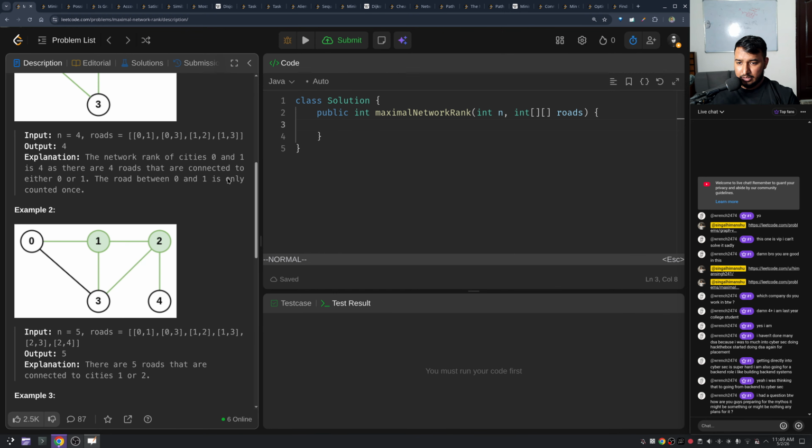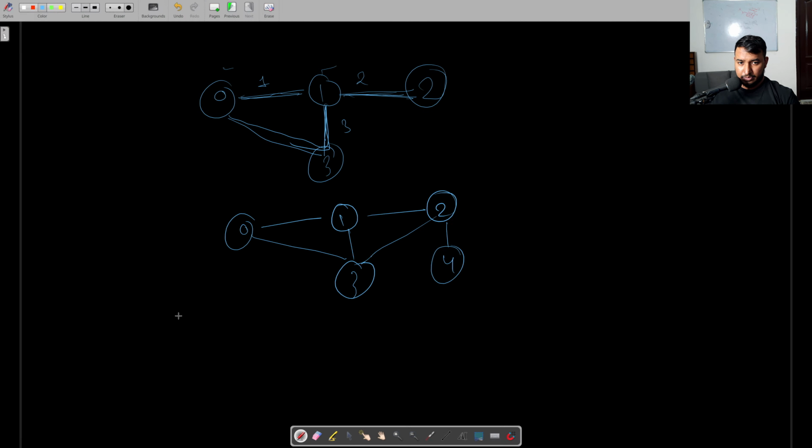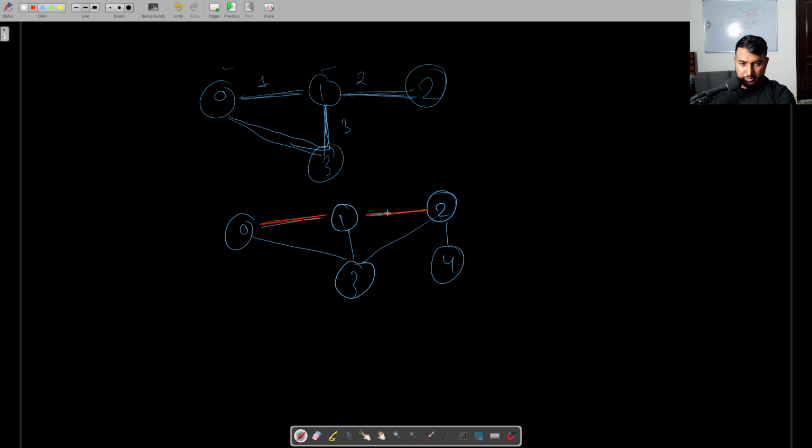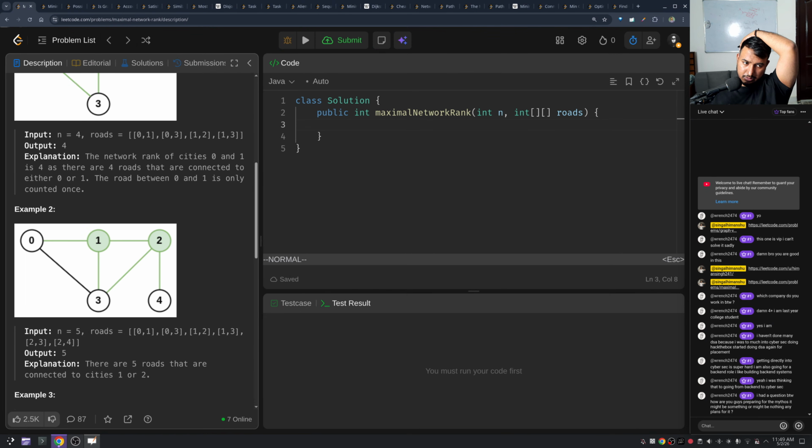Okay, let's look at this example. It says cities 1 and 2. So this will be one road. This is going to be a second road. So this is 1, this is 2. Then this is one more, 3. And then we have this 4 and this 5.